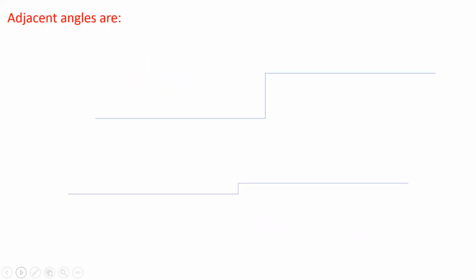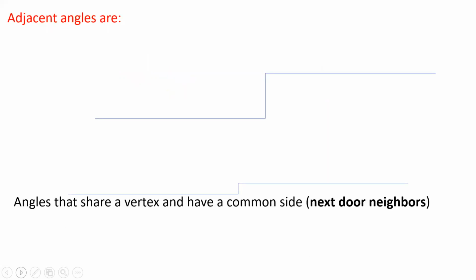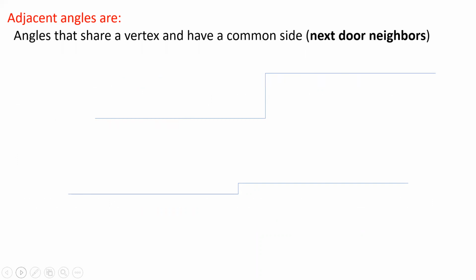Now let's talk about adjacent angles. Adjacent angles are angles that share a common vertex and a common side. In other words, they're next door neighbors. Do you see that 2 and 3 are right beside each other? They share a common side. They share the same vertex right here.